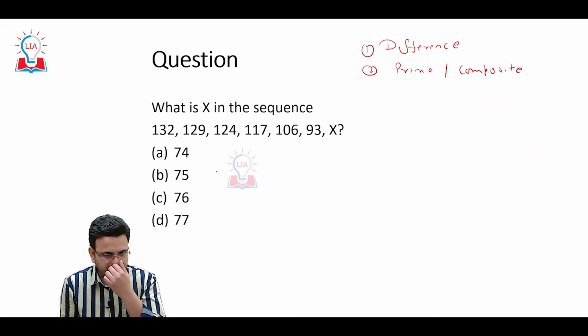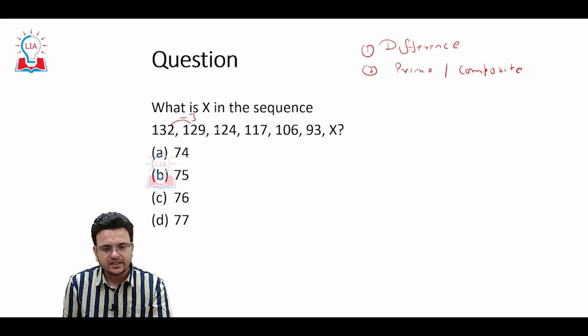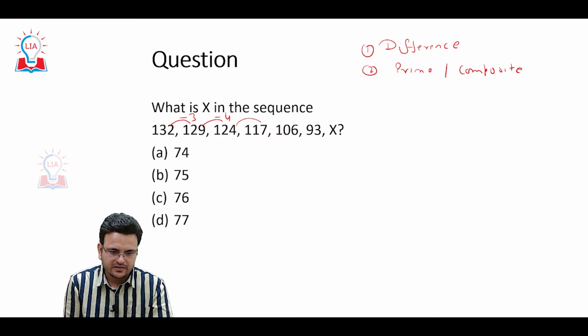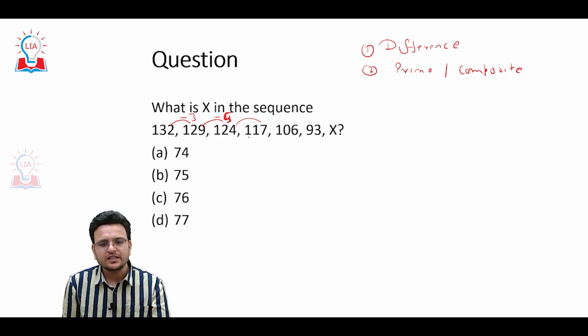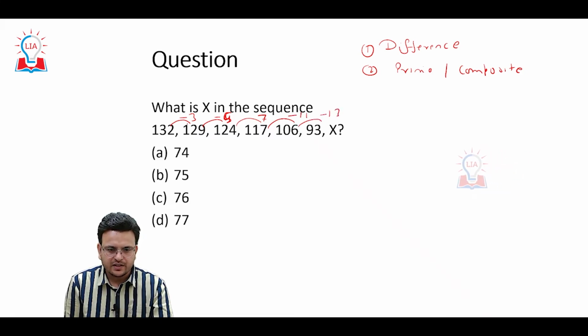We have differences like 132 minus 3, 129 minus 5, 124 minus 7, then 117 minus 11, and then we have 13. Okay, so what are these numbers?